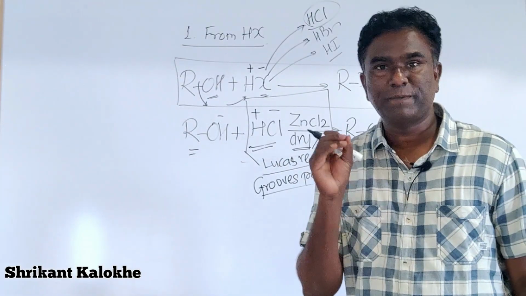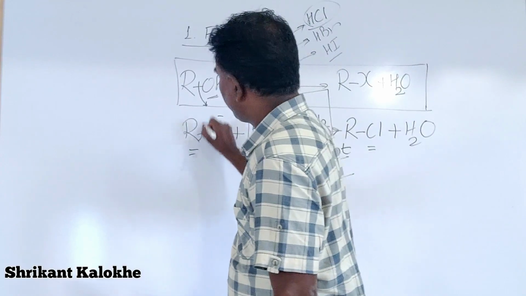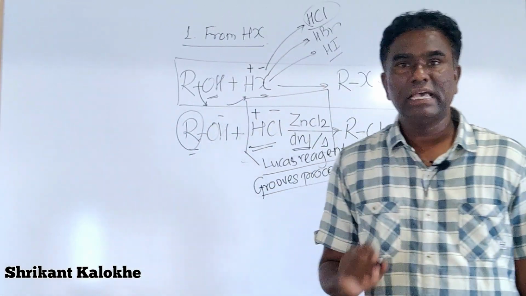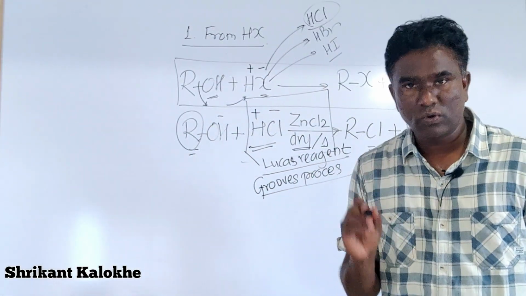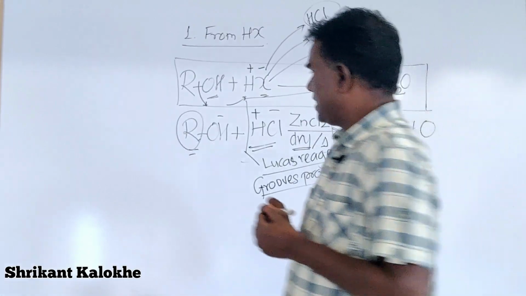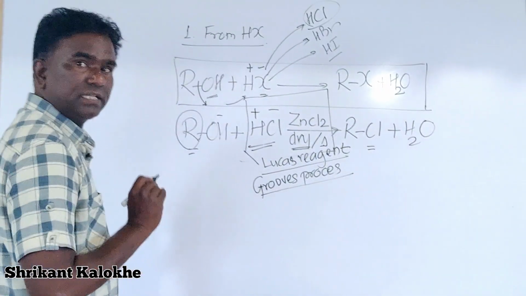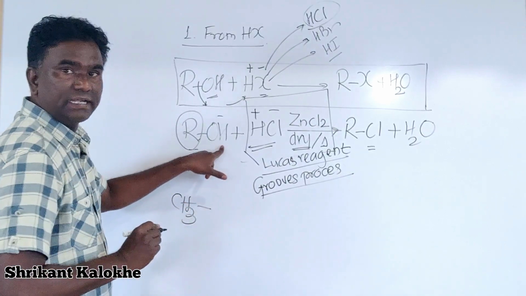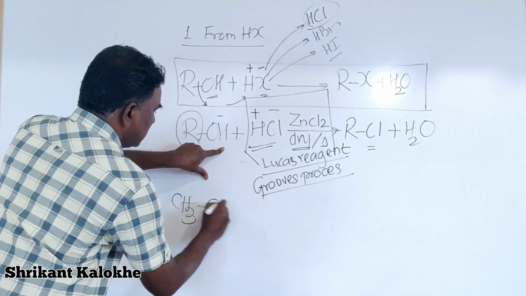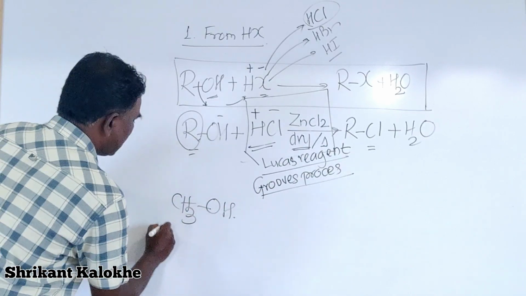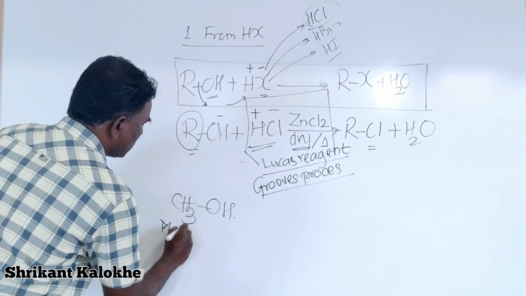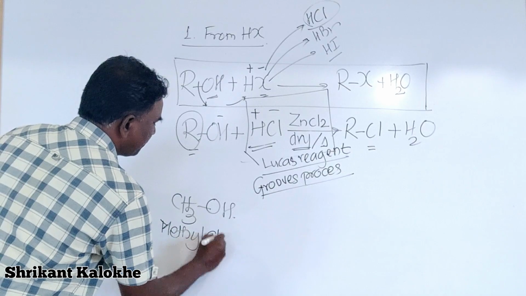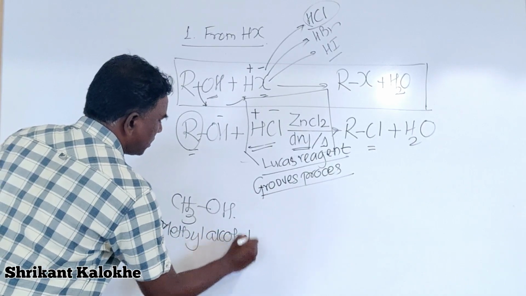Let us think about a specific reaction. I would replace this R by an alkyl group. The first and smallest alkyl group is methyl, so let me write CH3 and attach this OH to CH3. This specific alcohol is methyl alcohol.